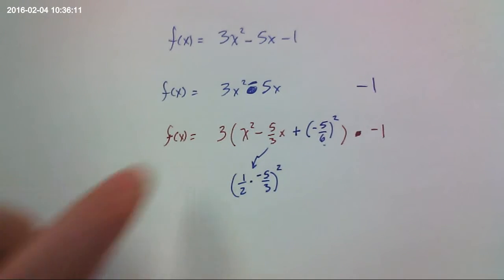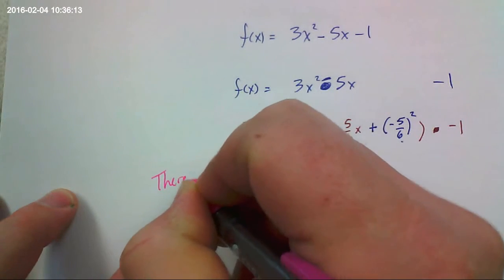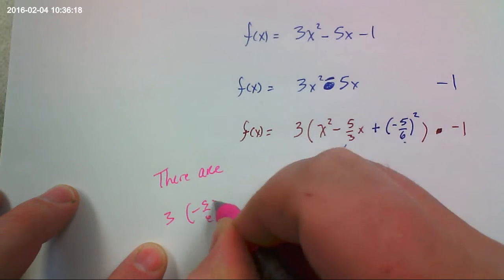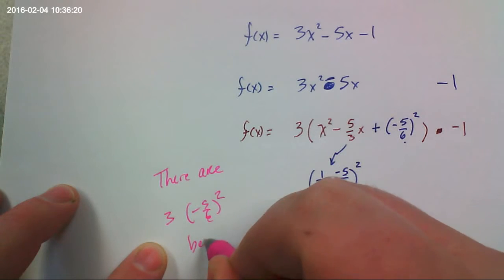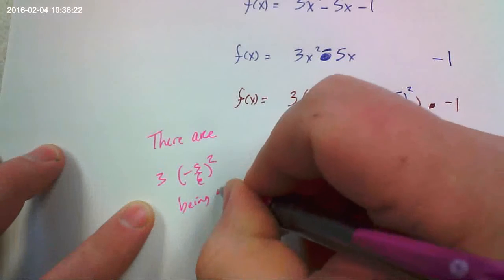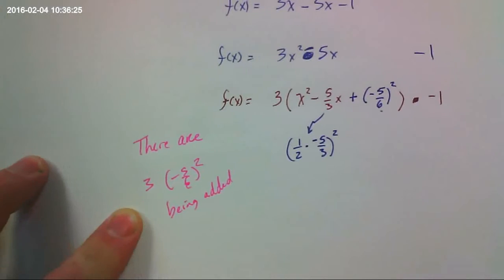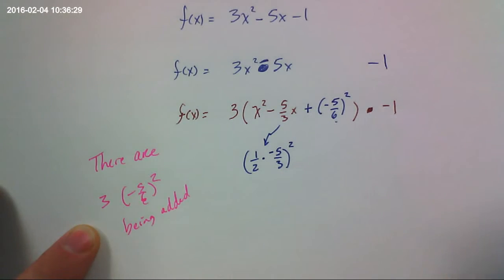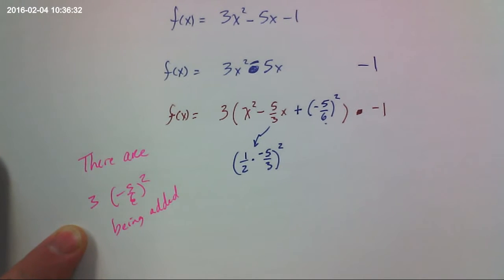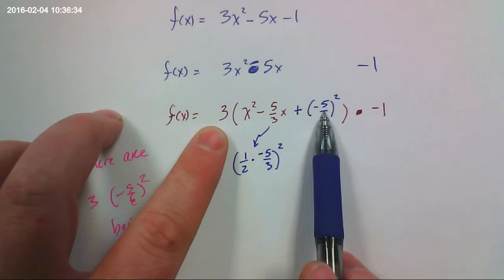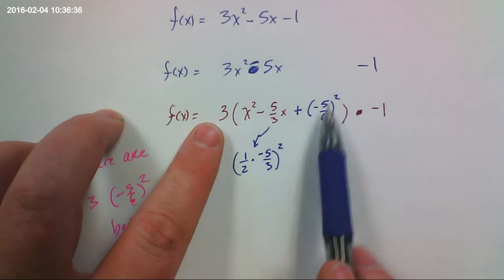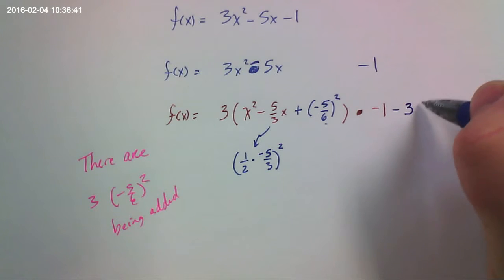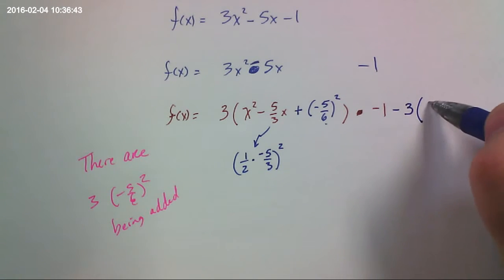Because it's 3 times, there are 3 negative 5/6 squared being added. So we have to subtract 3 of them. Now I'm going to go ahead and square it here.